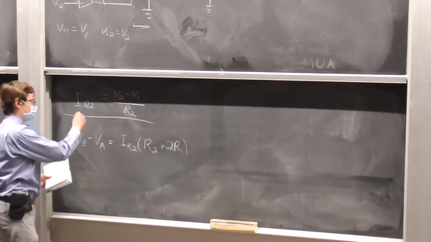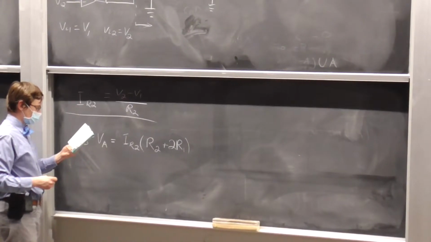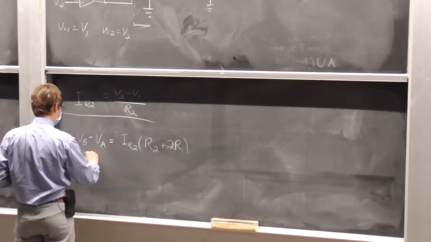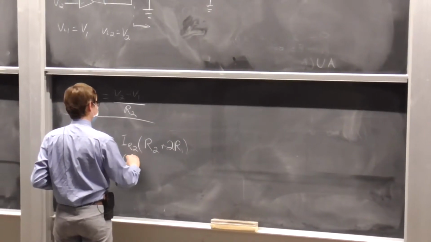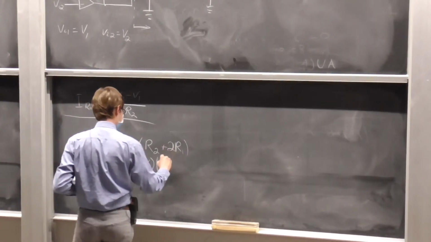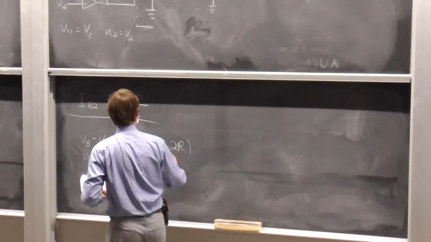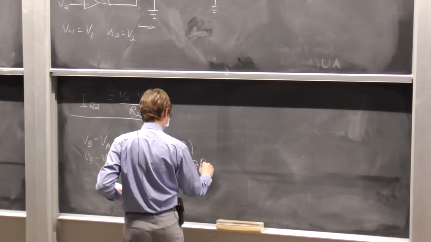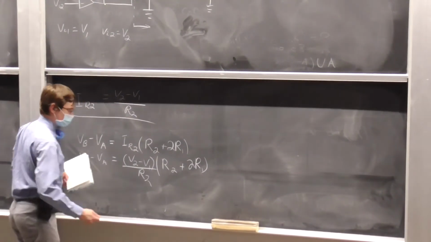So, having this and having that, we can actually now just perform the substitution. So VB minus VA is equal to V2 minus V1 over R2, times R2 plus 2R1.